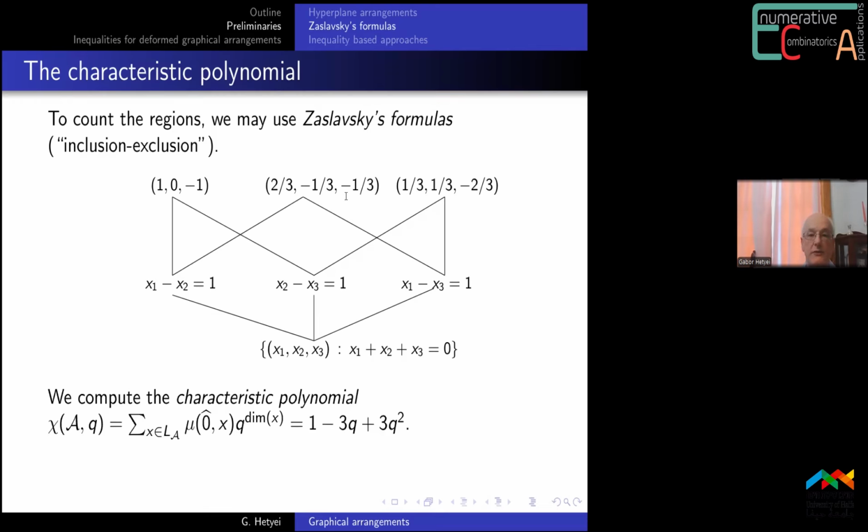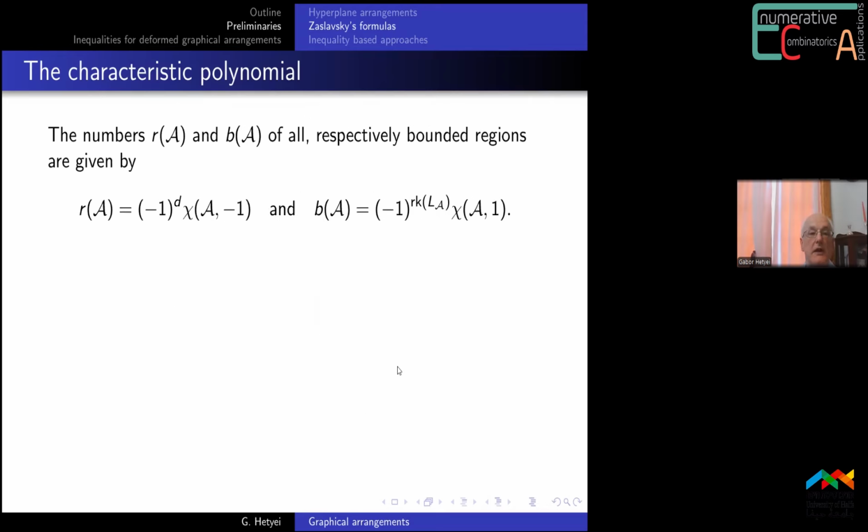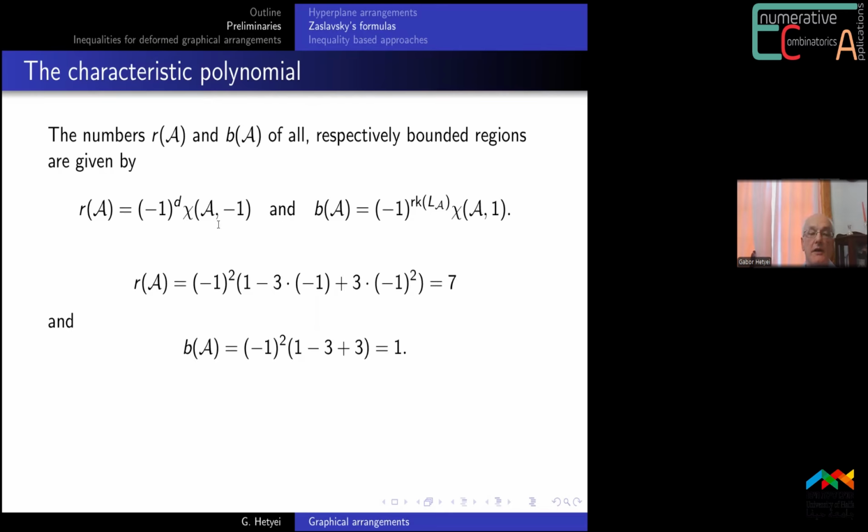So what's this idea? You take the intersection poset of the hyperplanes, you use the Möbius function to define a characteristic polynomial, and then you substitute -1 into this characteristic polynomial to get the number of all regions and +1 to get the number of all bounded regions.